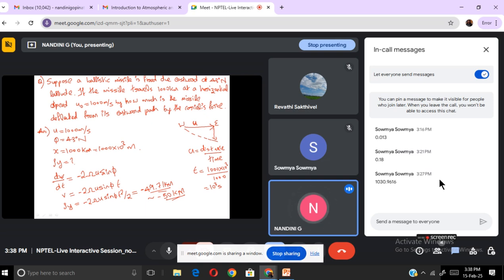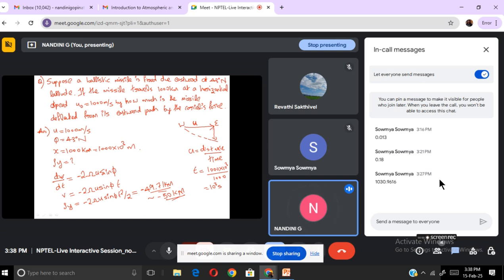Two into 7.29 into 10 raised to minus 5 into 1000 into 10 raised to 3. Because velocity is given in meter per second, it's just 1000 into sine phi, phi is 43, into t square, which is 10 raised to 6, divided by 2.